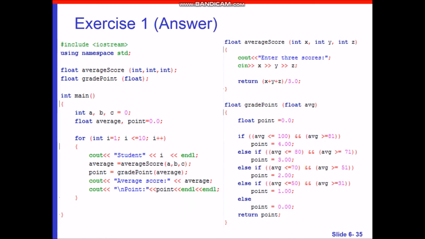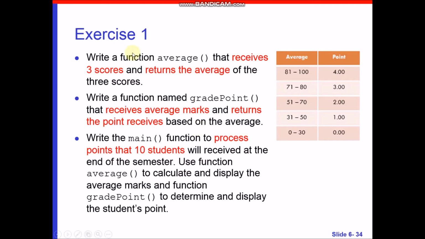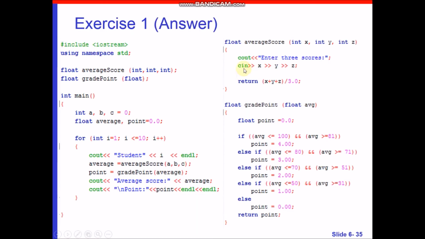For the first question, they ask you to create a function average that will receive 3 scores and also return the average of the 3 scores. So here, first you need to have the data type and also the function name, which is float and the function name is averageScore.